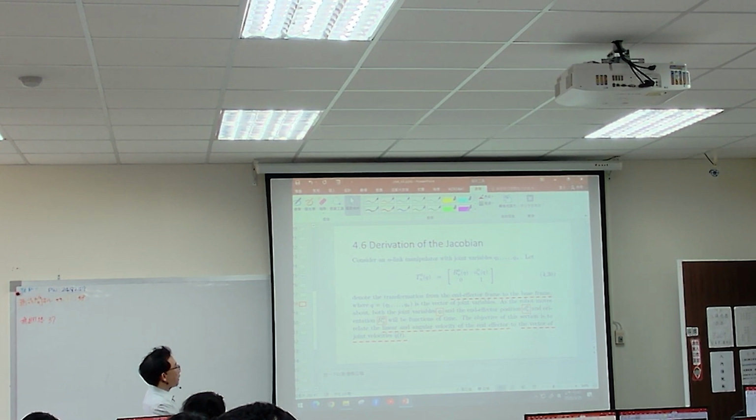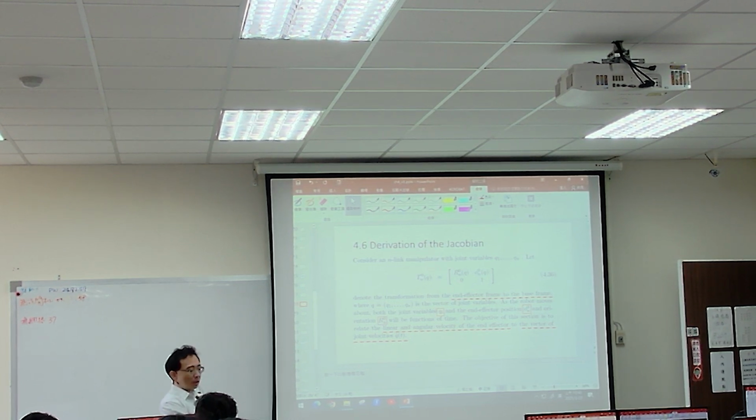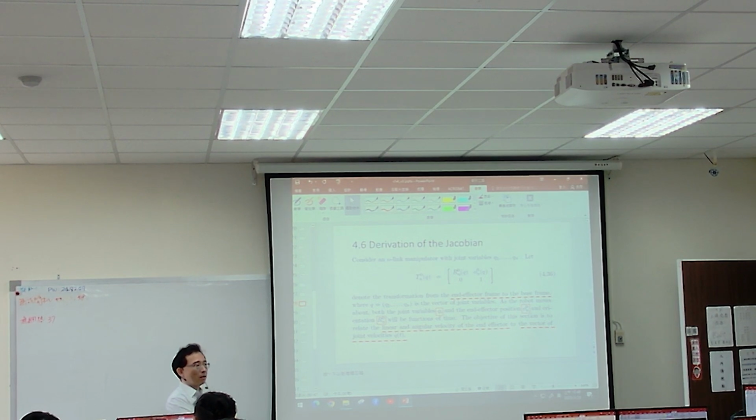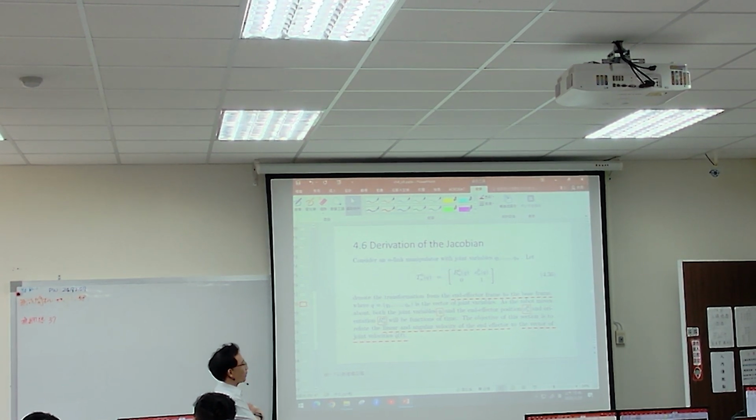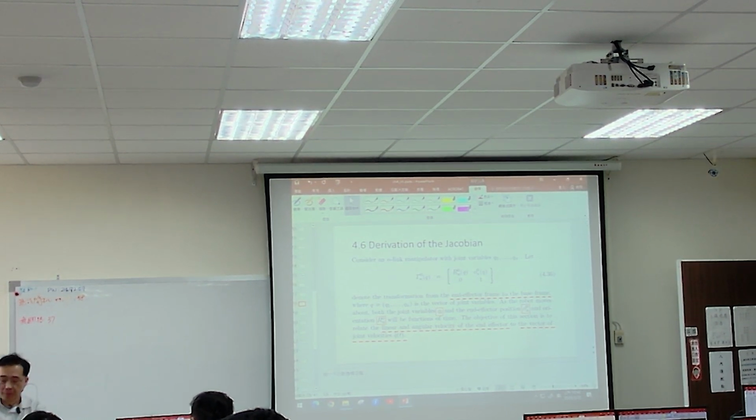Then the final one becomes T_n^0, and eventually we have a very consistent 4x4 matrix. The R_n part describes the rotation, and the O_n part describes the position.